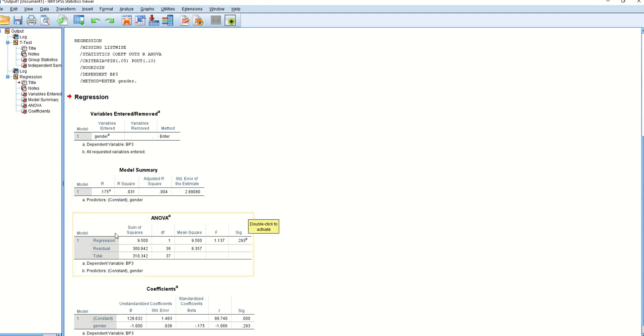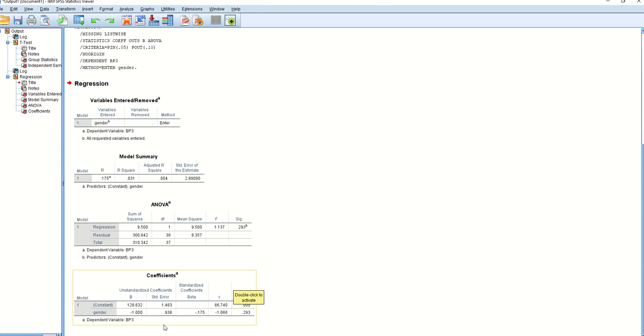Anyway, here's the ANOVA table, and you have the regression with 1 degree of freedom because you're only plugging in one independent variable. And look at the significance for the ANOVA at 0.293. Does that remind you of anything? Anyway, let's continue. Look at the coefficient: the slope for gender is equal to -1 and a significance of 0.293.